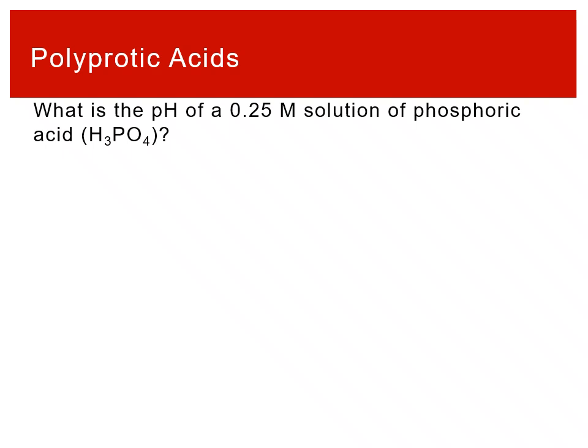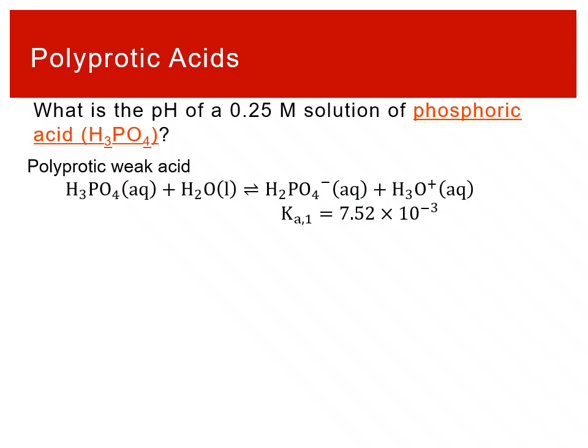So let's look at an example: what is the pH of a 0.25 molar solution of phosphoric acid, H3PO4? We just saw the Kas. This is a case where I want the pH of a solution of acid. It's a polyprotic acid, but I'm only going to deal with one donation at a time, creating some hydroniums.